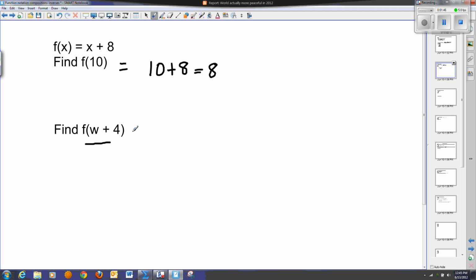So it's not a number that we're plugging in, it's an expression. So we're going to substitute w plus 4 into the x value of the f function. So now I get w plus 4 instead of the x, adding 8 to that, and then we're just going to add like terms. So in this case, we get w plus 12.